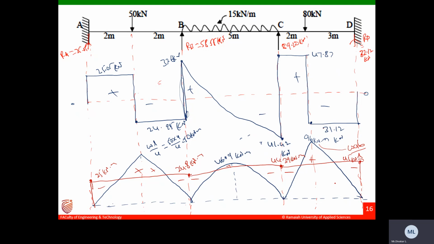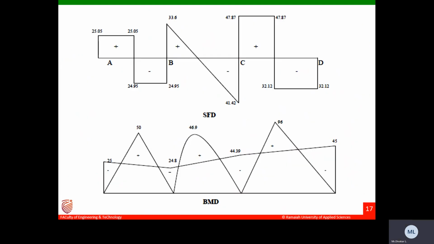Okay guys, this is how we need to draw the BMD. This is the BMD, bending moment diagram, and this is the SFD, shear force diagram. So I have shown a clear representation here of both the BMD and the SFD.